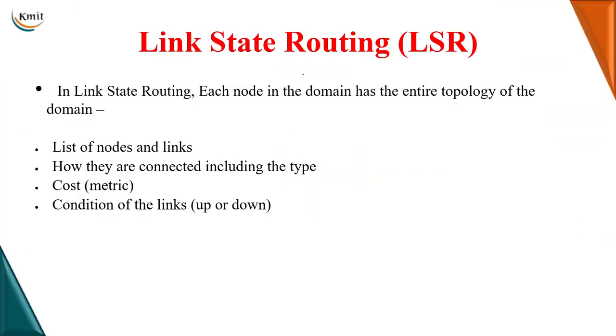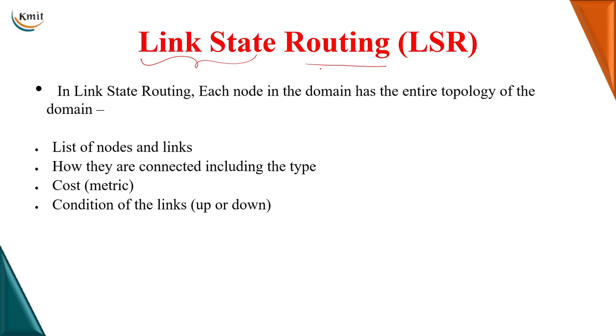Why is it named link state routing? While we are routing a packet from the source to the destination, we are making a routing table. The routing table in distance vector routing had information only about the distance to its neighbors and the outgoing line. But in link state routing, we will have the state of the link also provided in the routing table.